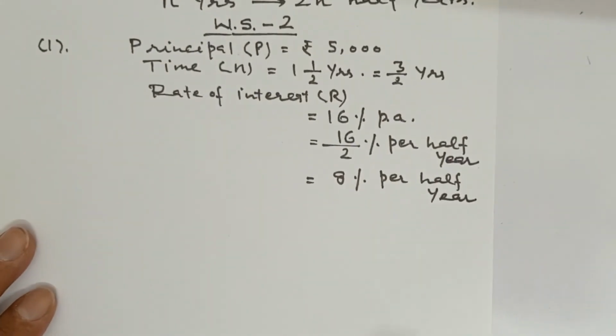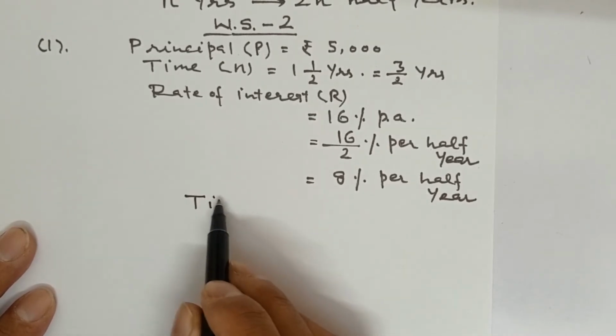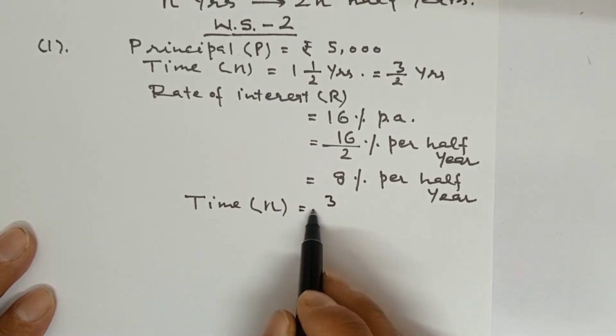And the same thing we need to do with the time also. Time n was 3 by 2 years.